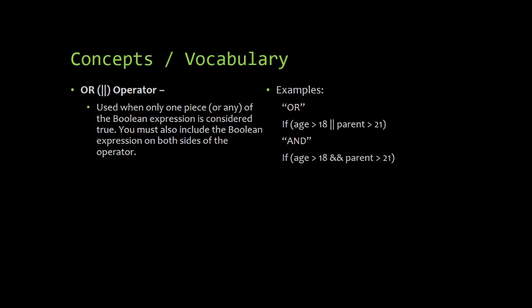So then you could give us access to the bar, but I can't drink, but I can at least go in. With the AND operator, age has to be greater than 18, so I have to be at least 19 years old, and my parent has to be over 21. Both of those must be true in order for me to use this if decision.